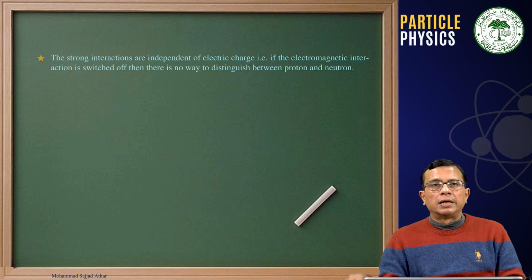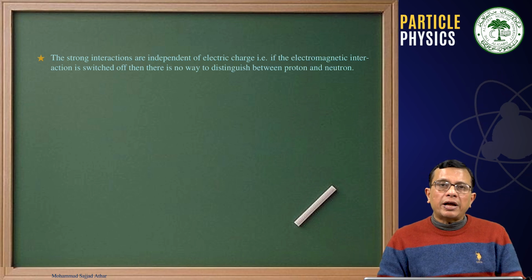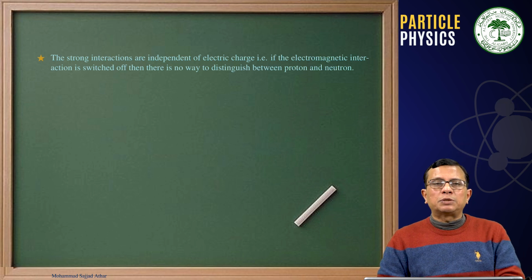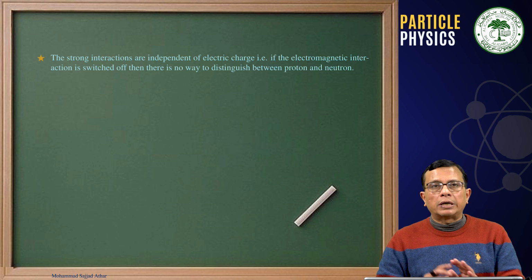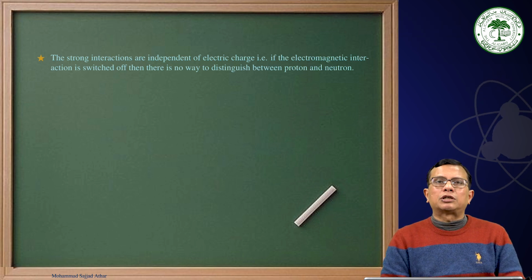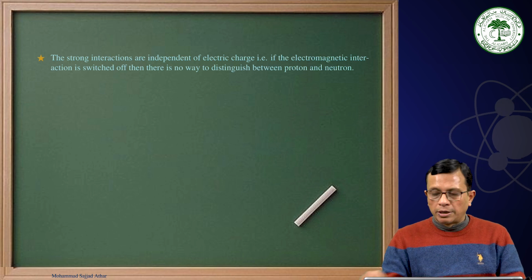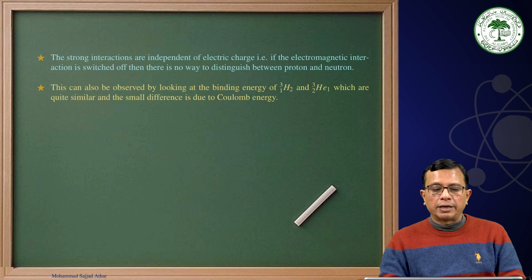Simply speaking, in layman's language, if I have a magnetic field, then only when I pass these protons and neutrons through it will we be able to know, oh, this is a proton, and this one which is going on a straight path is a neutron. But if I switch off the magnetic field, that is, the electromagnetic interaction, then there is no way to distinguish between a proton and a neutron.